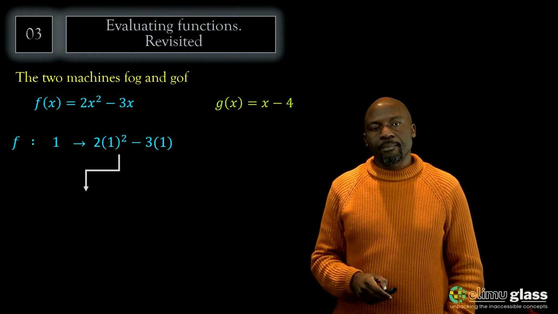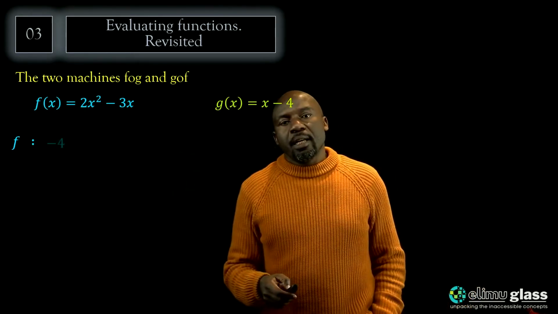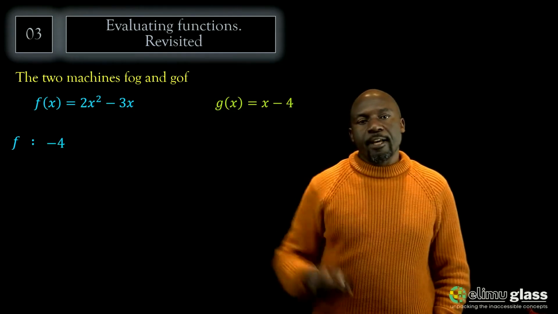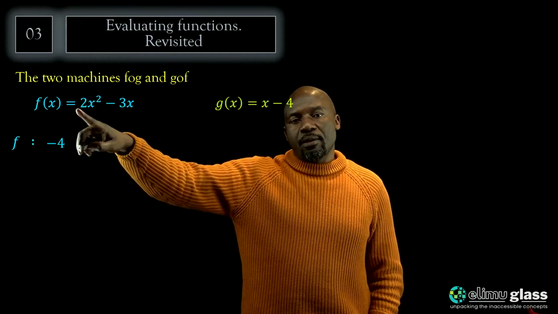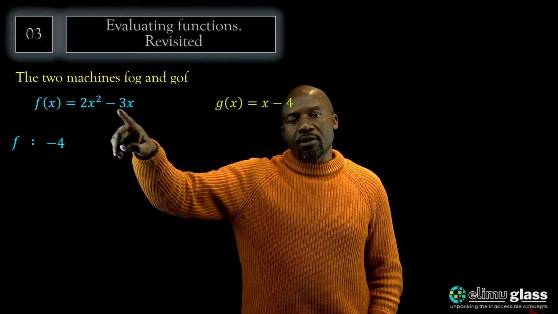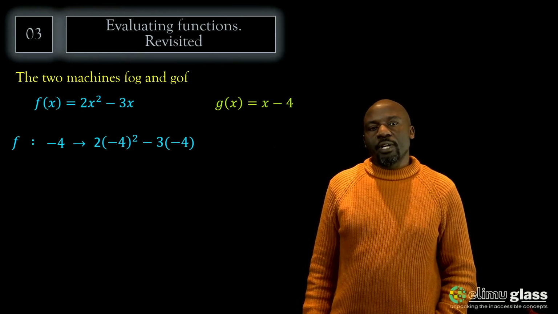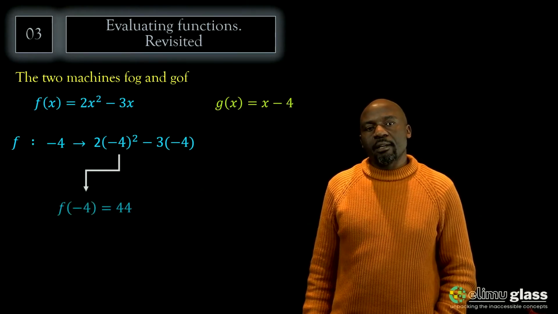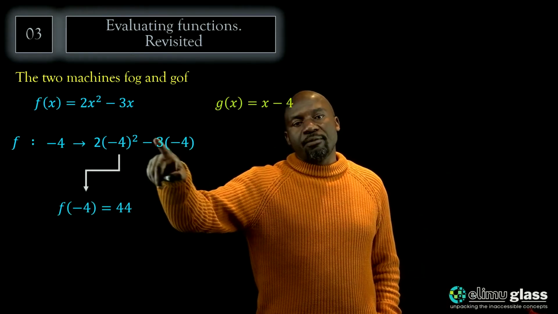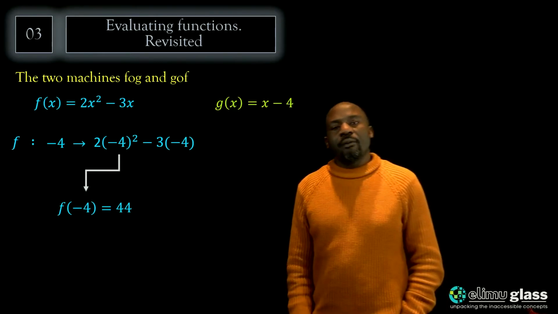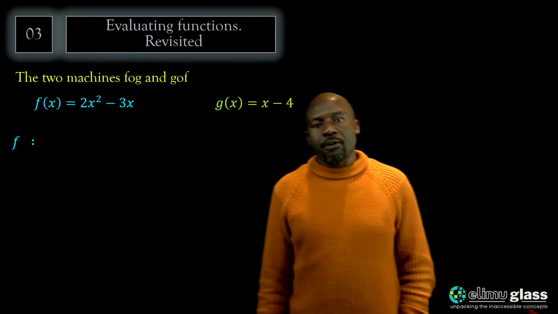Similarly, if we put a negative 4 in there, we have negative 4 squared, which is positive 16, times 2 is 32. 32 minus 3 times negative 4, which is 12. It's a plus because negative and negative becomes a plus, and our answer is 44. So f of negative 4 is 44.